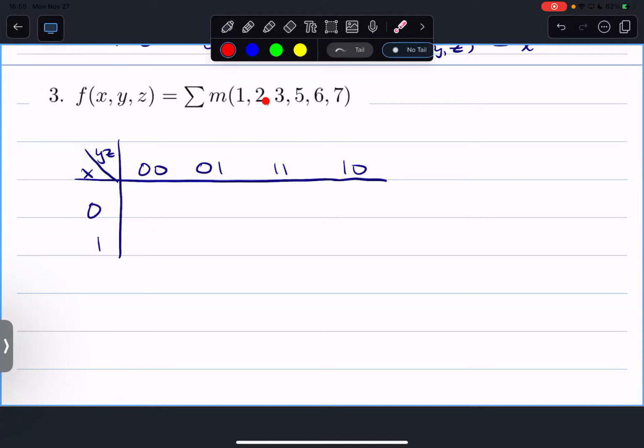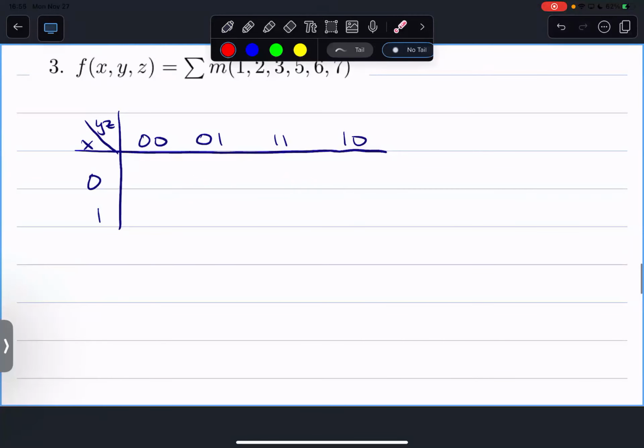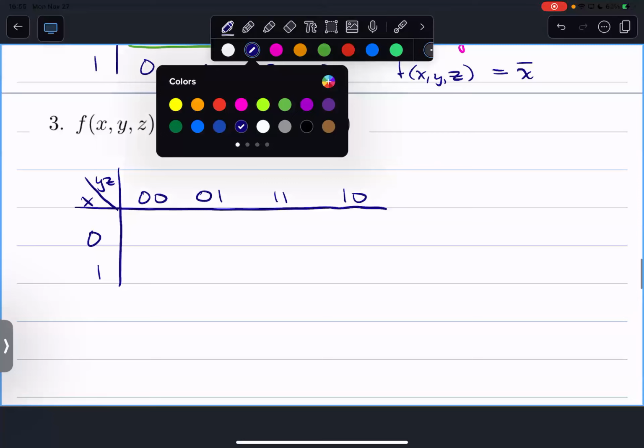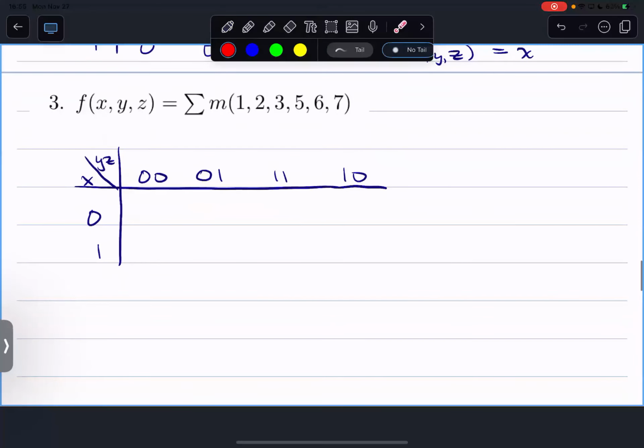Again, knowing where these positions are helps me map to, let's see here. And I just use a boring blue. 1 is here, 2 is here, 3 is here, 4, 5 is here, 6 is here, and 7 is here.